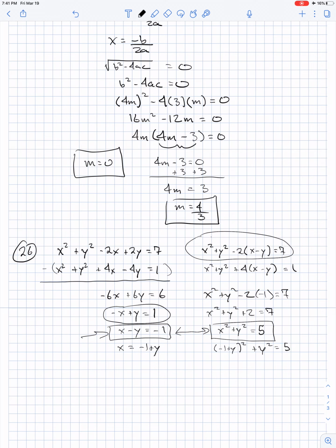If we square out the first guy, we get y squared minus 2y plus 1 plus y squared equals 5. So 2y squared minus 2y, if we pull the 5 over, we get minus 4 equals 0. That's convenient because we can divide out the 2's.